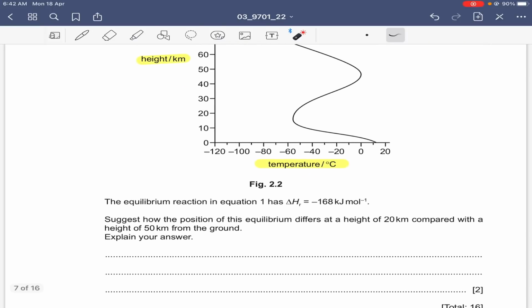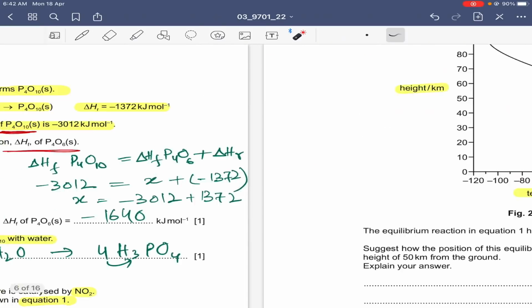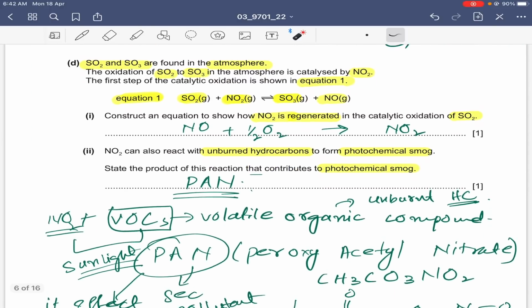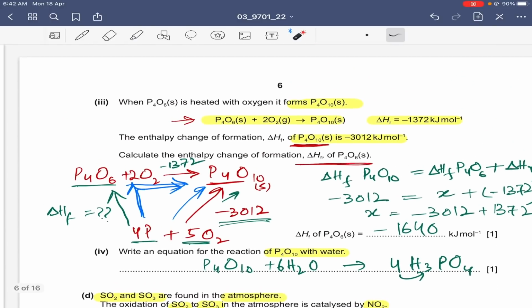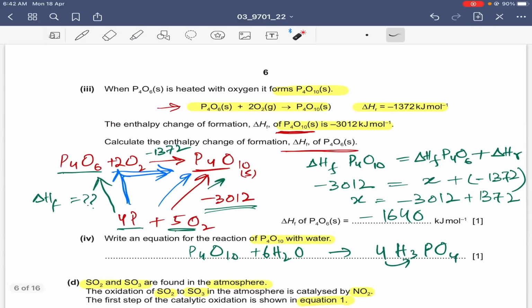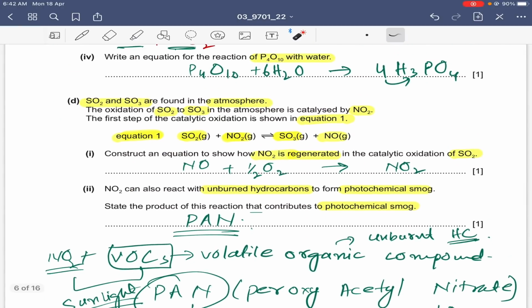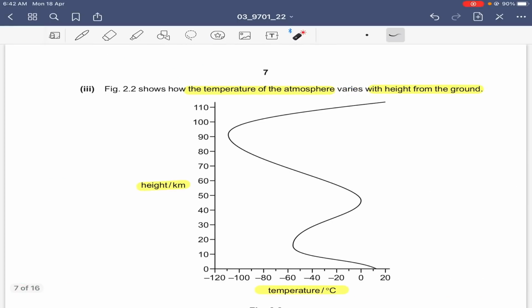The equilibrium reaction in equation 1 has delta H of minus 168 kilojoules per mole. So this reaction 1, where is reaction 1? Yes, this is reaction 1, equation 1. So this has a delta H where sulfur dioxide is reacting with nitrogen dioxide, right? So basically this reaction they are talking about, SO2 reacts with NO2.